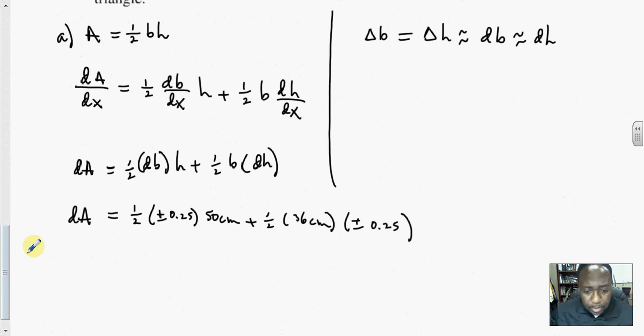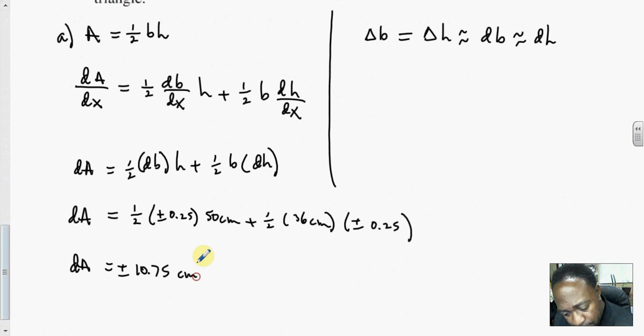So here we have plus or minus 10.75 centimeters squared for our so-called propagated error.